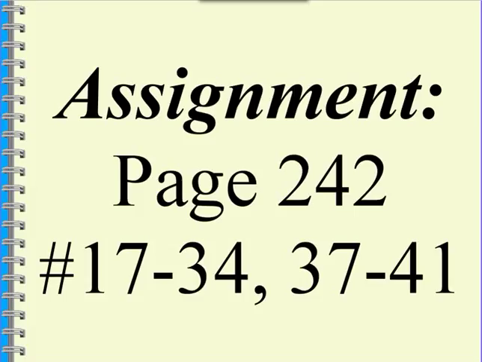Tomorrow we're going to finish this lesson, and then that will be due Thursday. So 17 through 34, 37 through 41. I will tell you right now that tomorrow you will in fact do 35 and 36. We will do 35 and 36 tomorrow, but you won't be able to do that today.